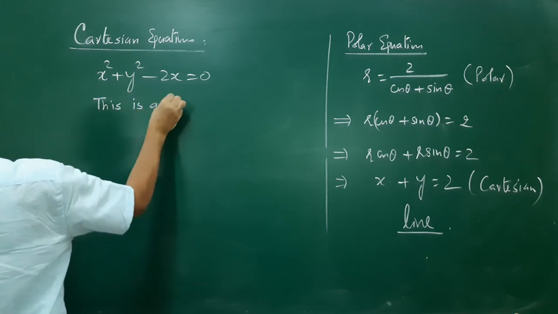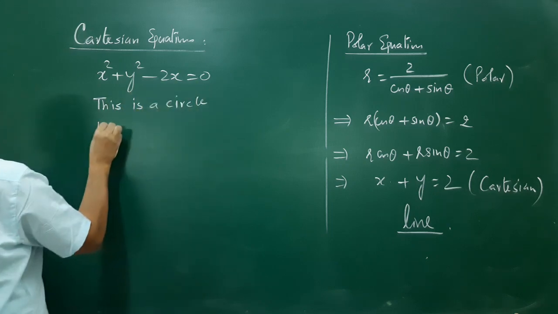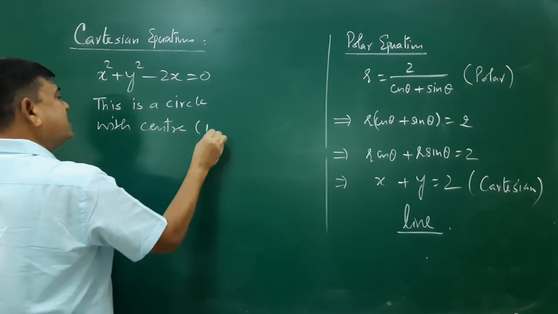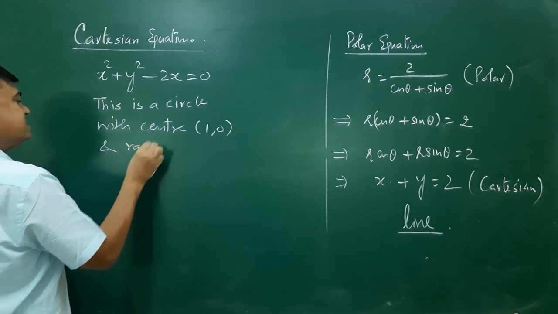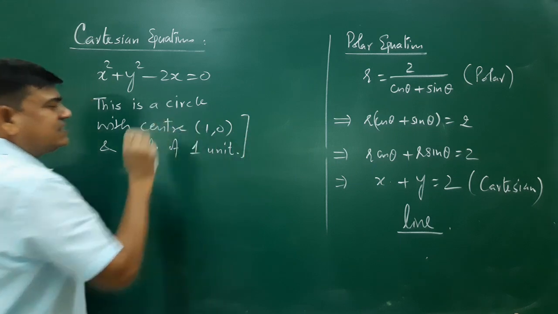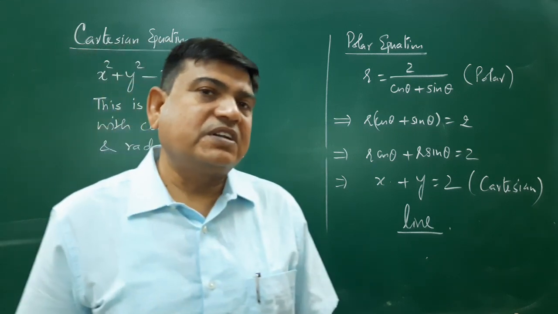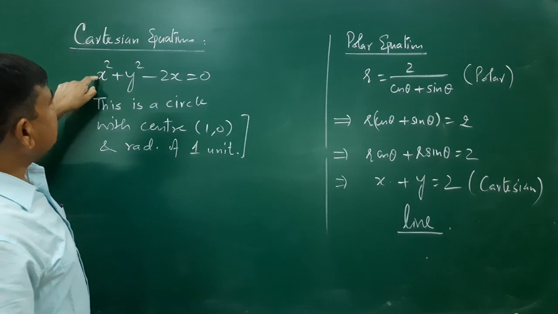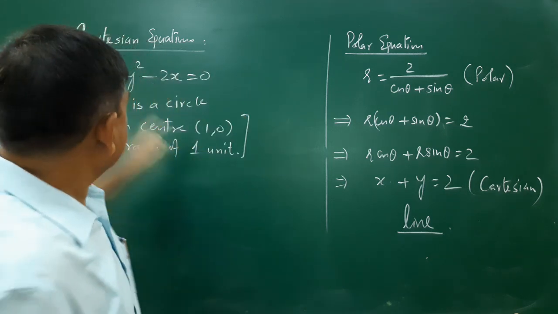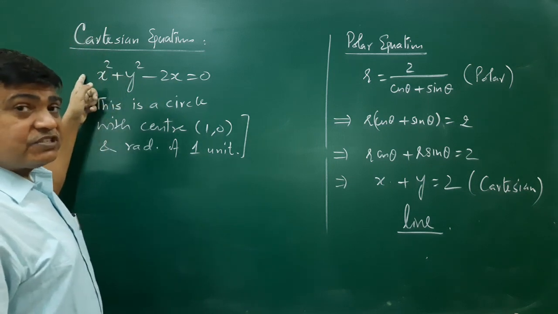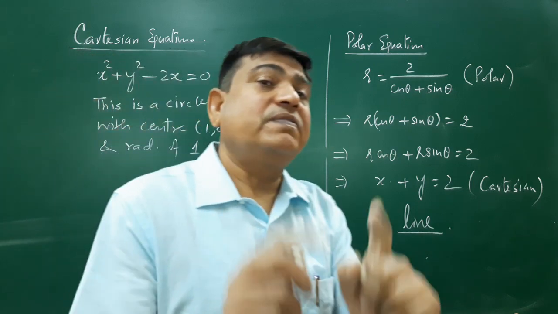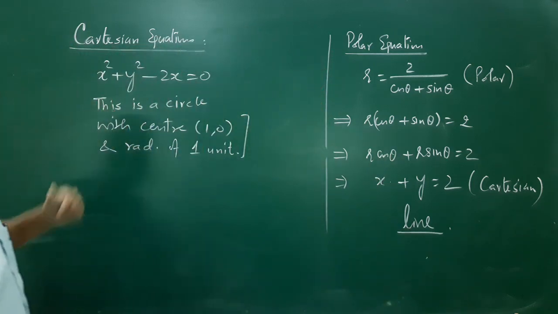This is a circle with center (1, 0) and radius of 1 unit. This is the equation of a circle. It is a second degree equation in x and y both. The coefficients of x square and y square are equal, and there is no term involving the product of x and y. This is the equation of a circle.